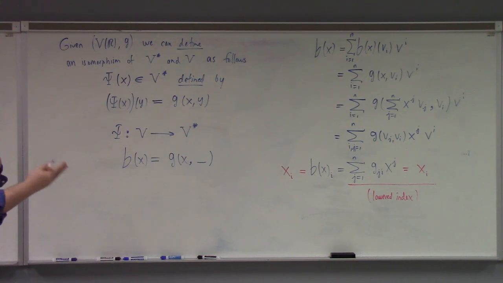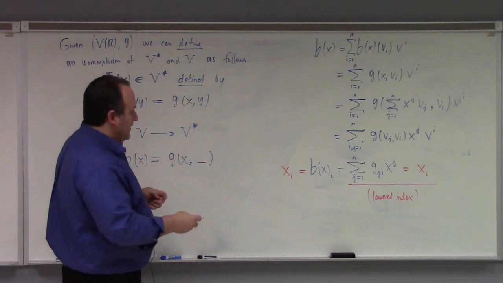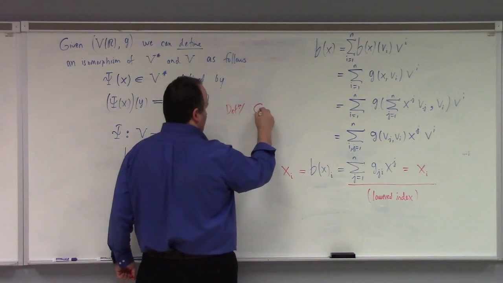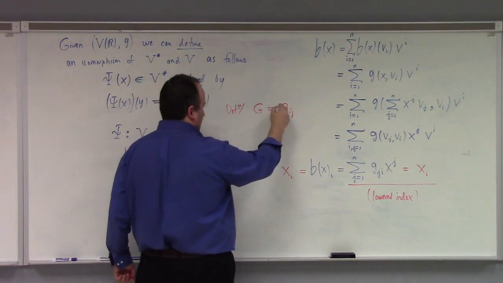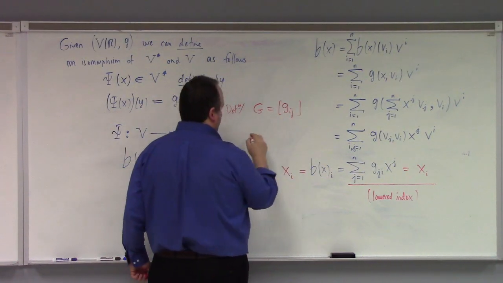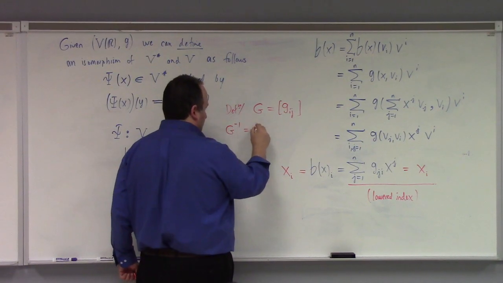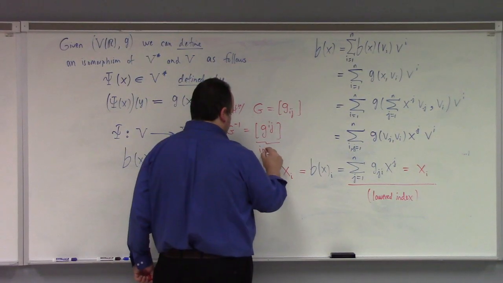You can't invert that. But what you can do is find the inverse matrix. So by definition, if you have big G equal to G_ij, then as a matrix, the notation used for G inverse is G upper ij. So this is the so-called inverse matrix.